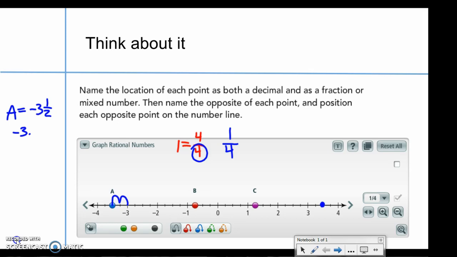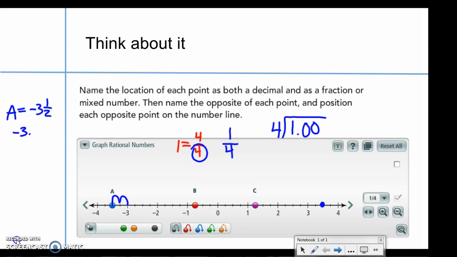Now, if you remember in our section, I think it was chapter 4 or chapter 5, we turned fractions into decimals. Okay? When we're doing that, we're turning it into a division problem. So our denominator goes outside of our division table. Our denominator is our divisor. And our numerator is our dividend.